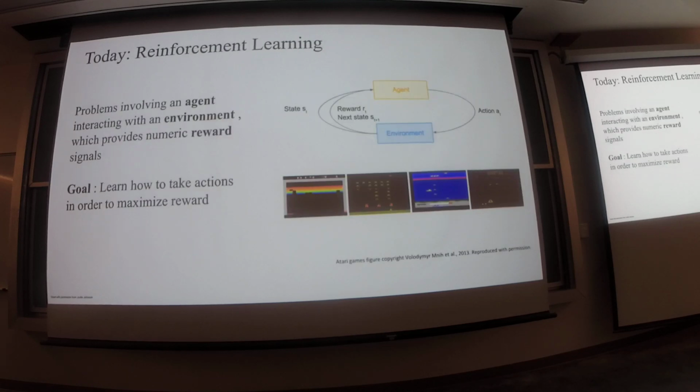Today we'll start 2 lectures' worth of reinforcement learning, and this is quite different. The setup is quite different in the sense that we have some sort of agent that can take actions within some sort of environment, like a state space. That's not a new idea at all.